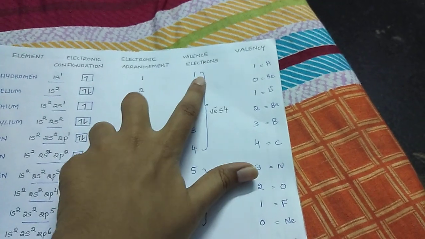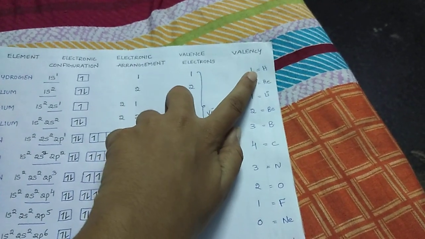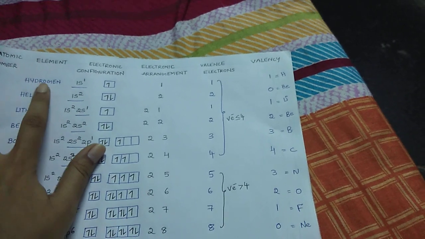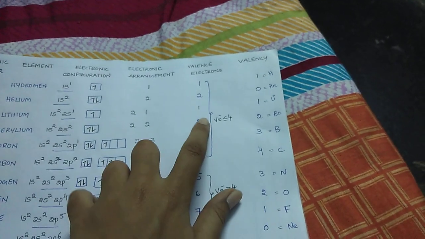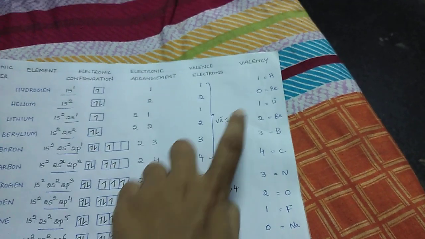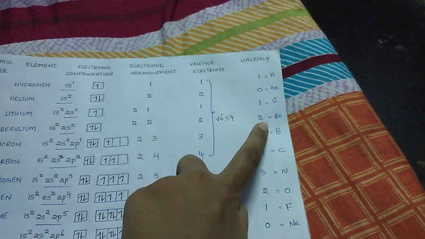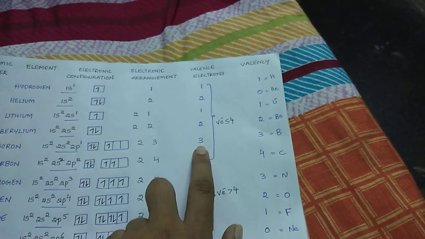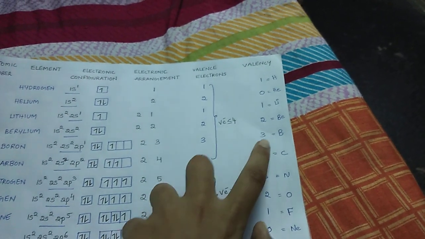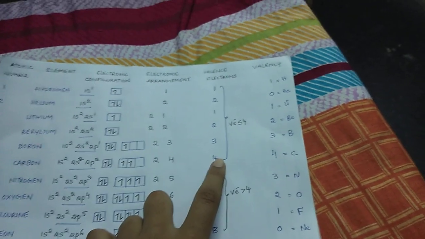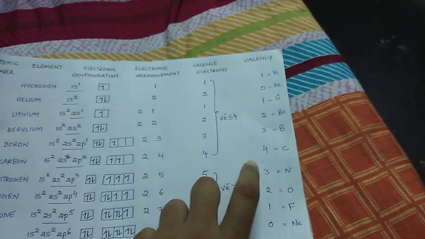So for hydrogen, 1 valence electron and valency 1, and for lithium 1 valence electron and valency 1, and beryllium has 2 valence electrons and its valency is 2. Boron has 3 valence electrons and its valency is 3. Carbon has 4 valence electrons and its valency is 4.